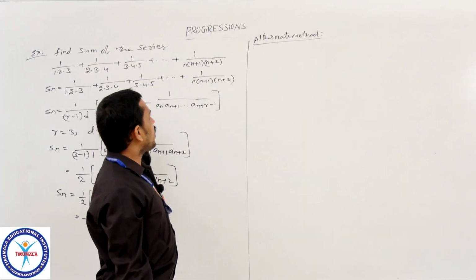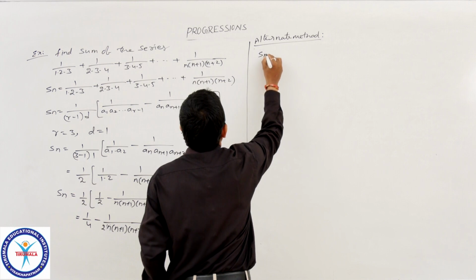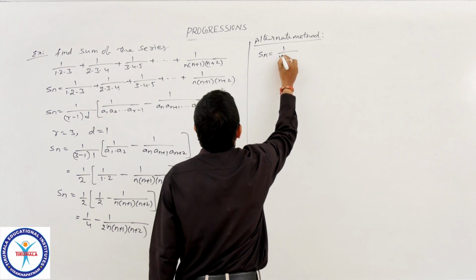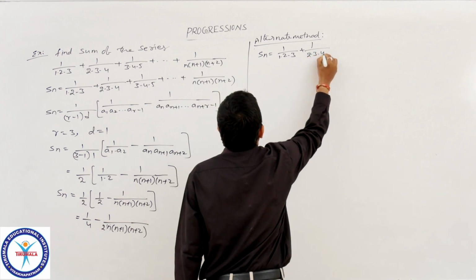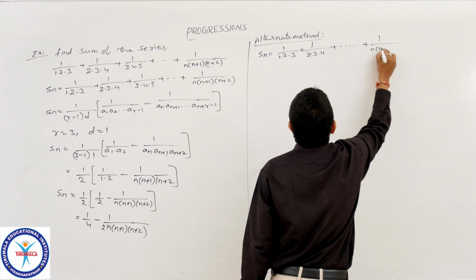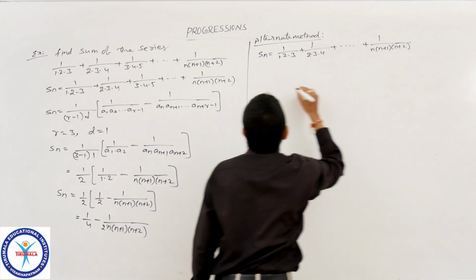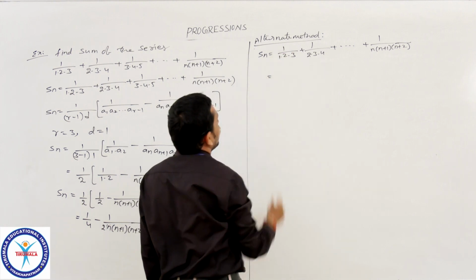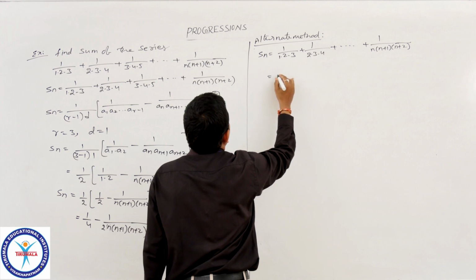So here we will see an alternate method to solve these types of questions. Here Sn is equal to, it is given that 1 by 1 into 2 into 3, 1 by 2 into 3 into 4 plus and so on plus 1 by n into n plus 1 into n plus 2. Here we can write each term like this.